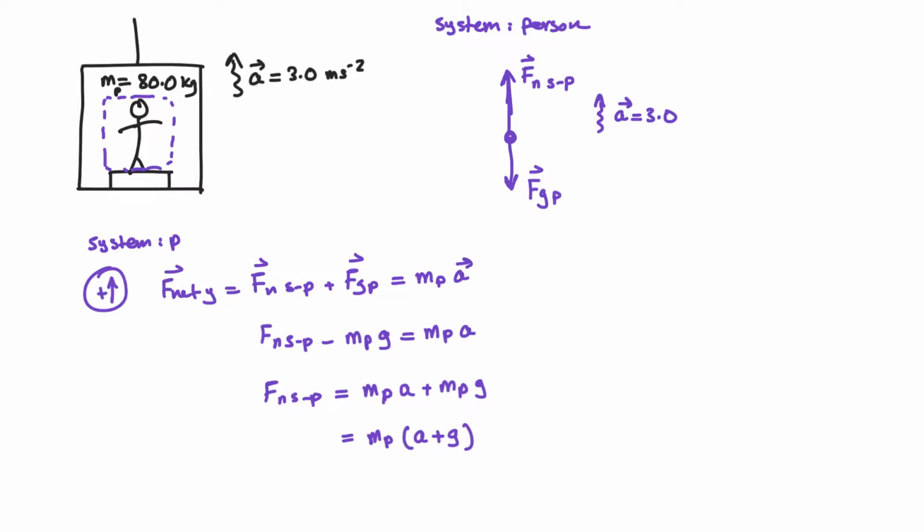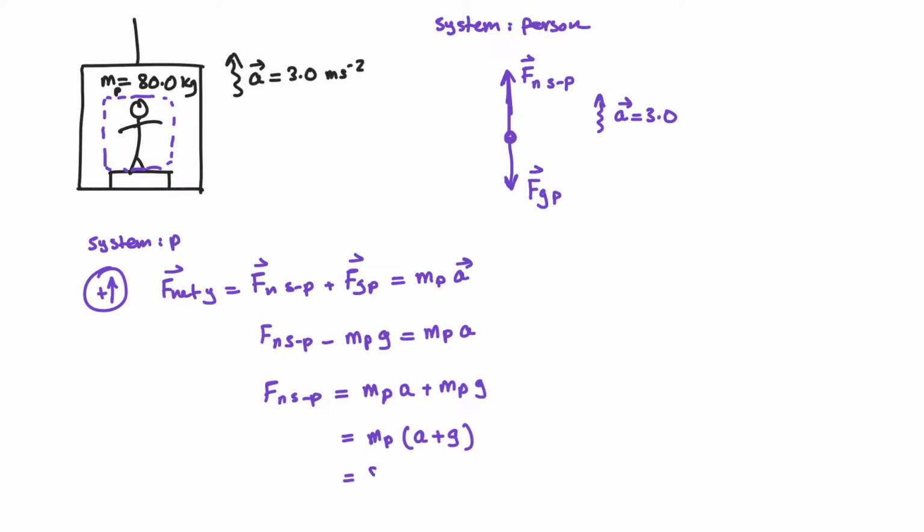Interesting. So now you can see that initially the weight of the person is just mass times gravitational acceleration. When the object is accelerating upwards, we're adding acceleration, sorry, the acceleration of the elevator, to the gravitational acceleration, and this would mean that they're going to weigh a little bit more.